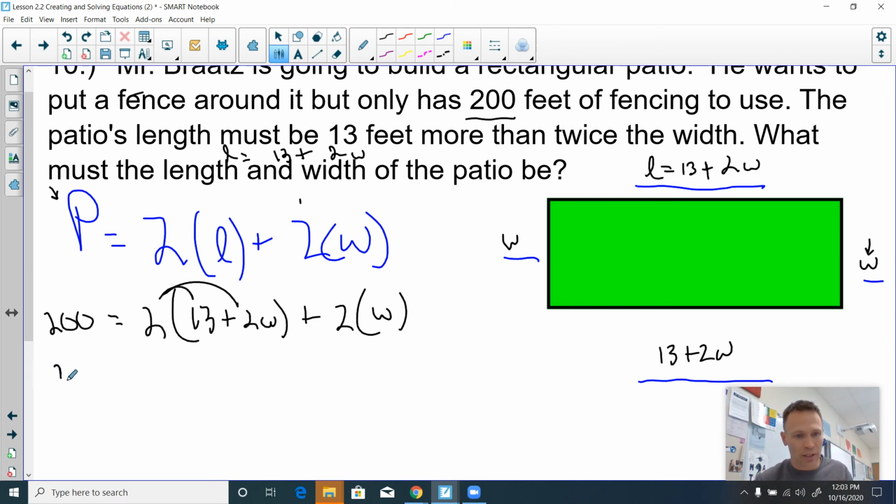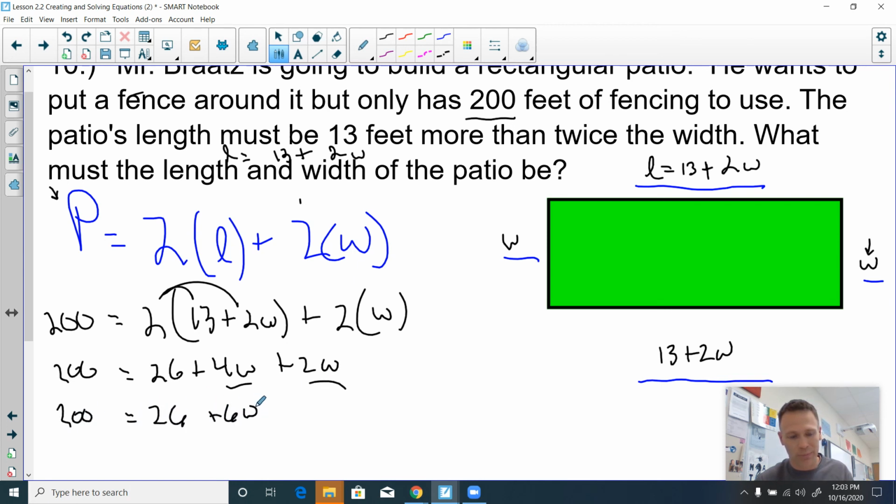Boom, boom. So I get 200 is equal to 26 plus 4W plus another 2W. All right, I've got some like terms to combine. So now I have 200 is equal to 26 plus 6W.